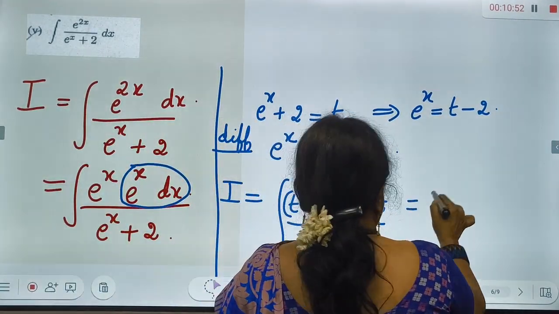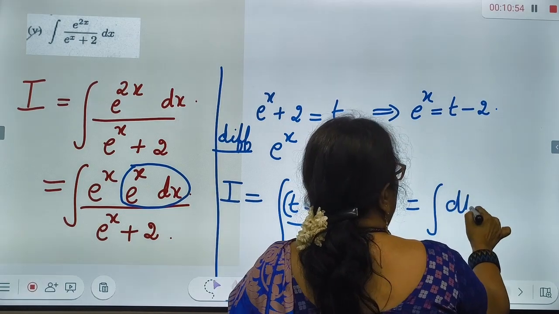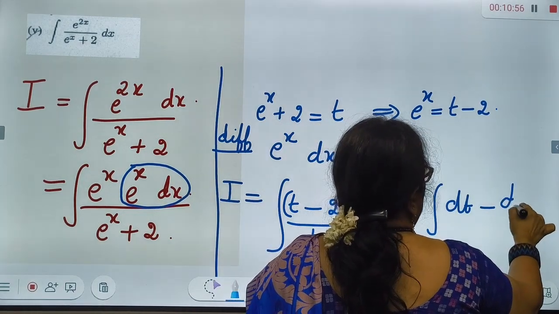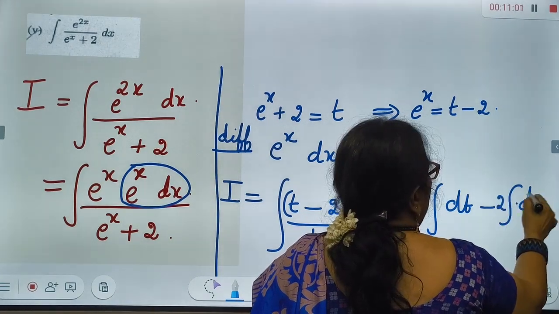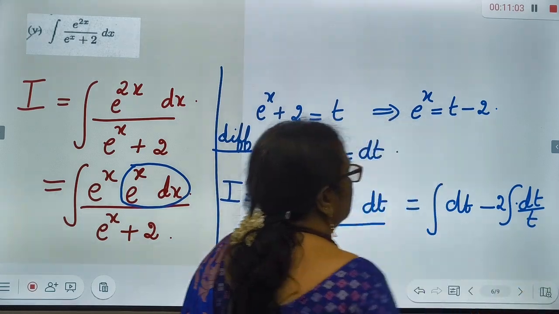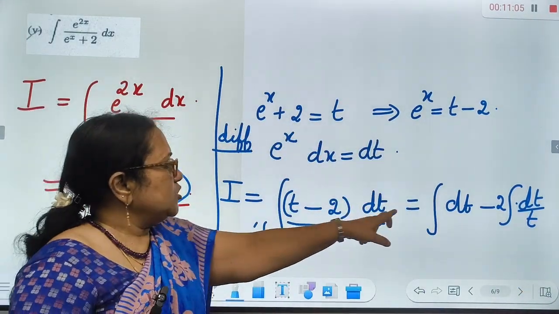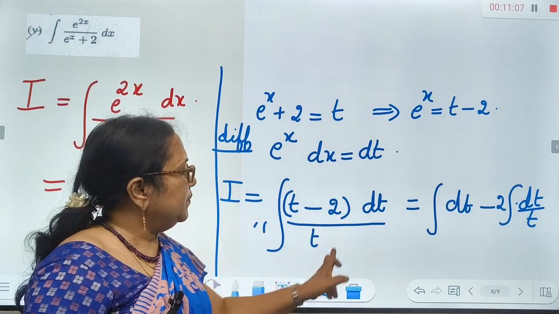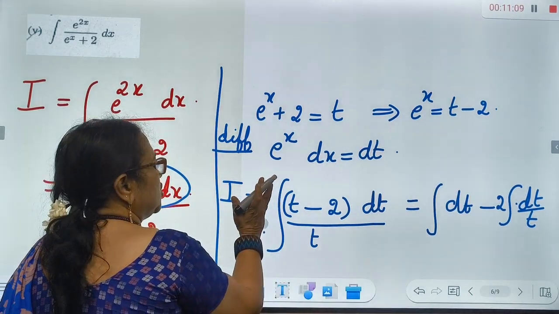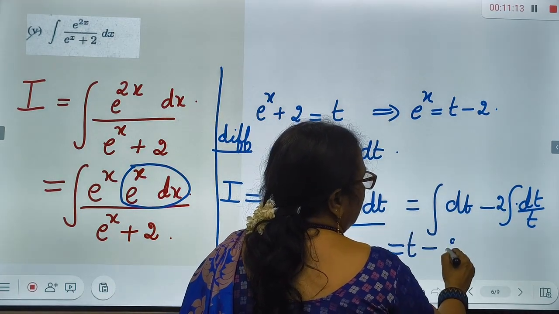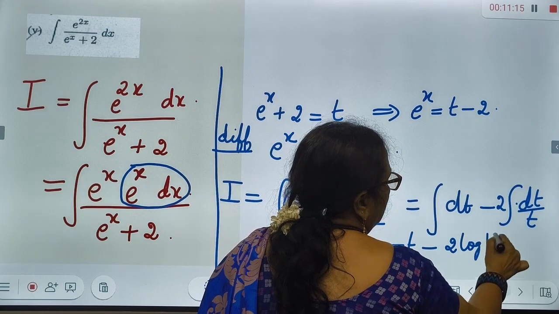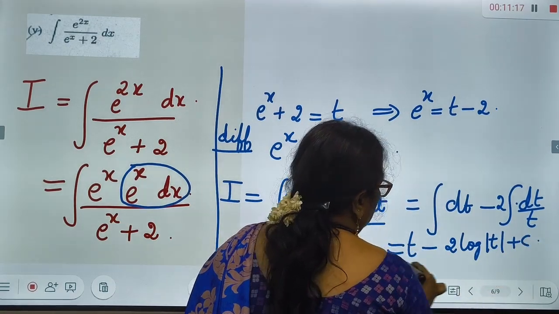This is the integral of t minus 2 by t dt. I can split it as two integrals: t by t is 1, so dt, then minus 2 dt by t. Minus 2 is a constant I have taken outside the integral. This is t minus 2 log mod t plus c.